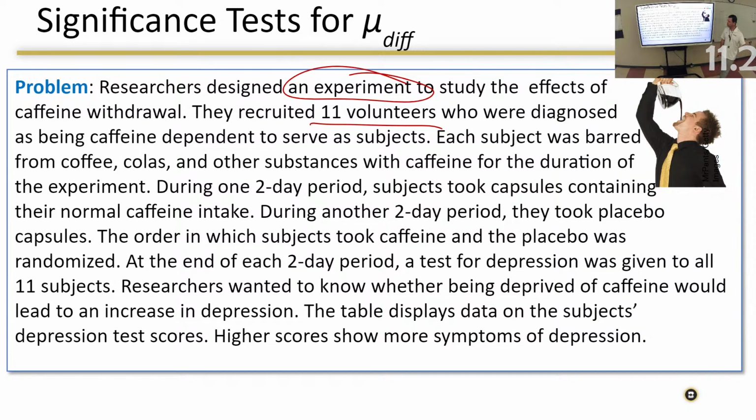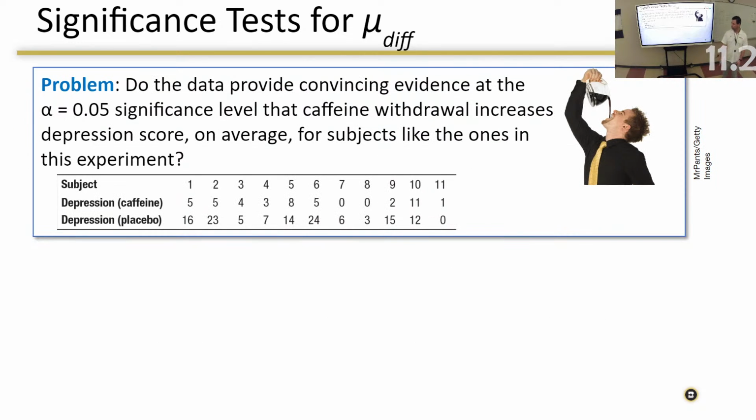During one 2-day period, subjects took capsules containing their normal caffeine intake. During another 2-day period, they took a placebo. The order in which the subjects took the caffeine and placebo was randomized. At the end of the 2-day period, a test for depression was given to all 11 subjects. Researchers wanted to know whether being deprived of caffeine would lead to an increase in depression. The table displays this data on the subjects' depression test scores. Higher test scores means more symptoms of depression.